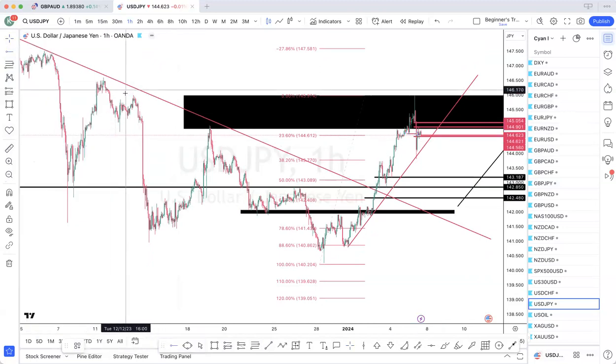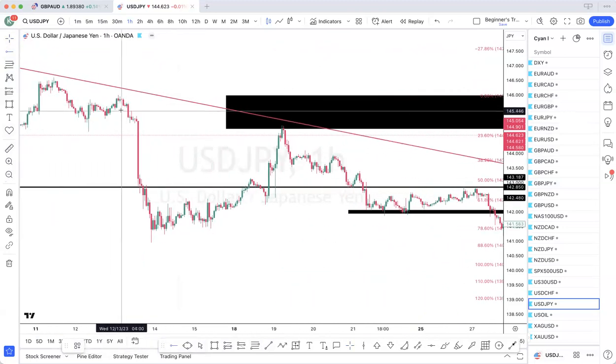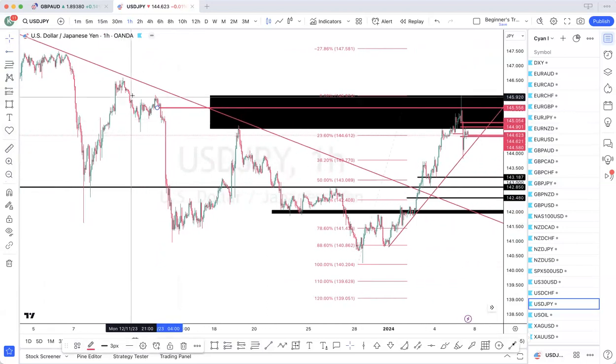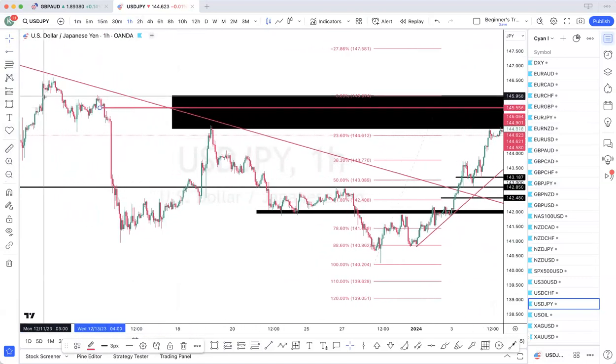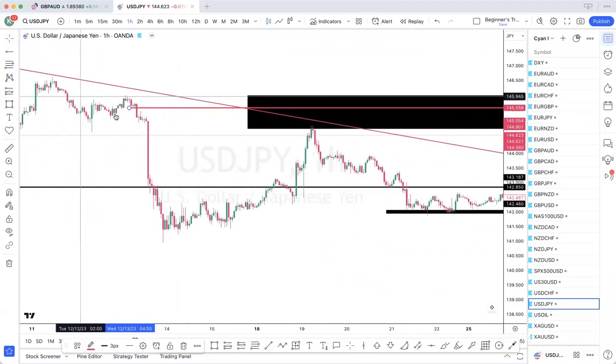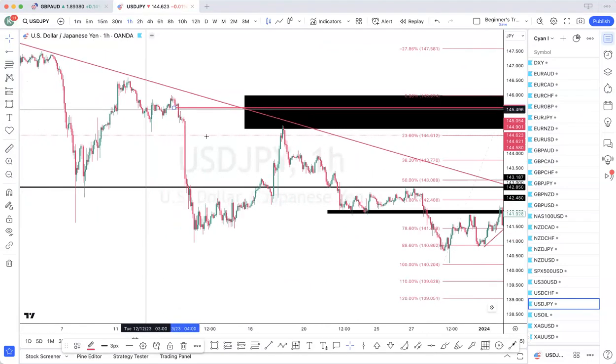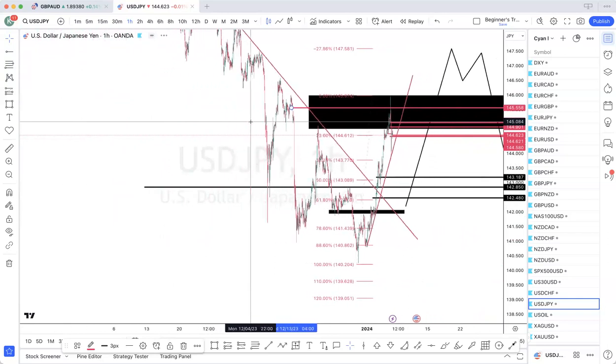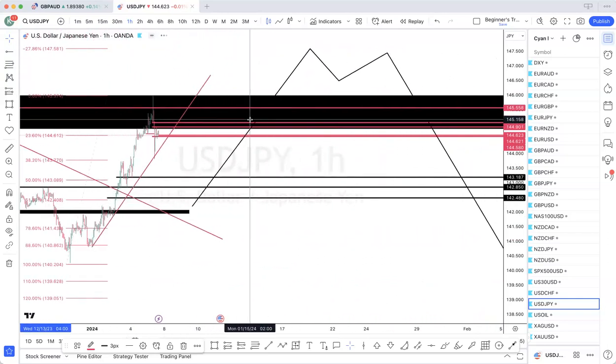It came and tapped into, and I think it might have went, yeah. It didn't go over this high. An order block, right? In your level of support resistance.